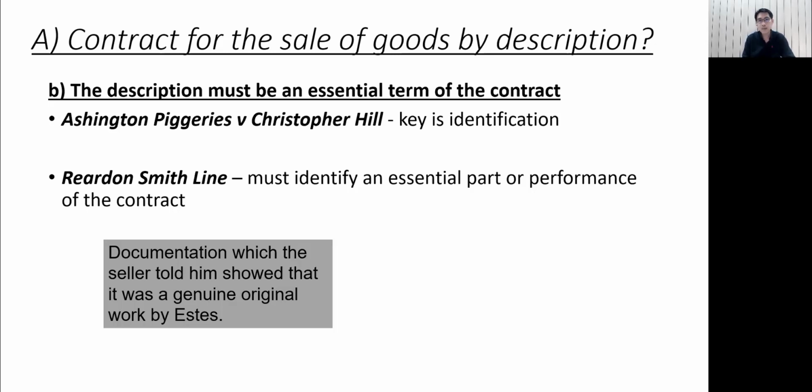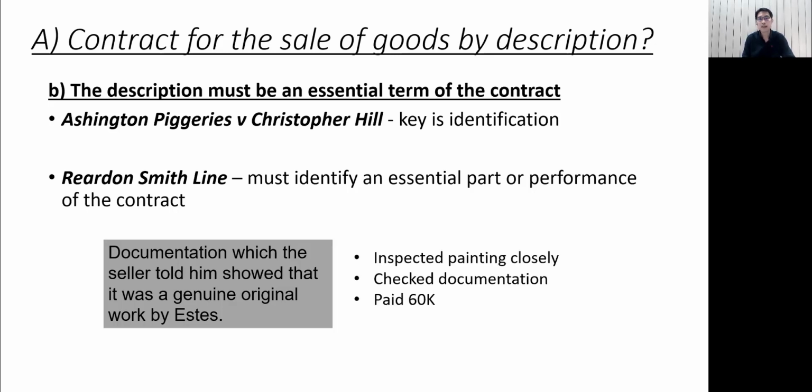Using the same arguments just now, the fact that he paid 60,000, and before buying, he checked, and then he bought. The time of the statement, the time of the inspection, resulted in him buying. All this suggests that it was important to him. It is not just a term, but a fundamental or important term. So the second requirement would also be satisfied.